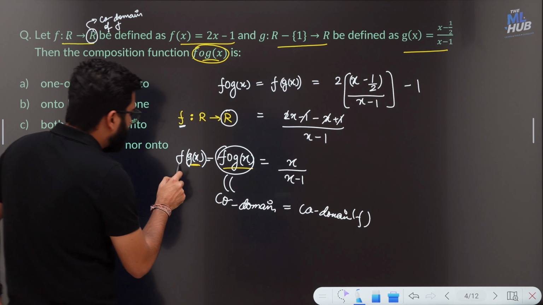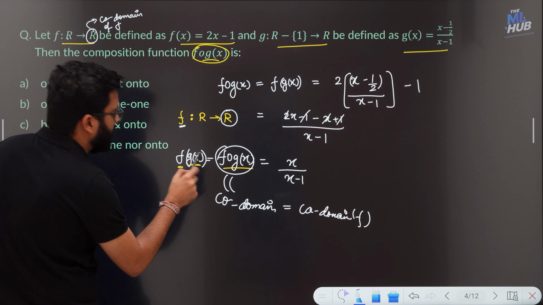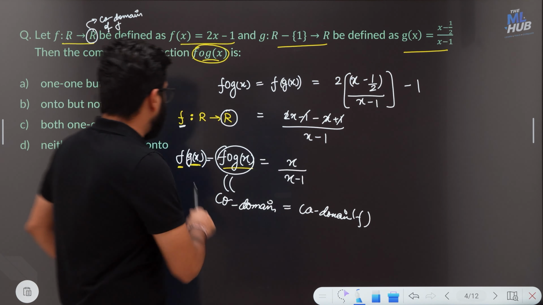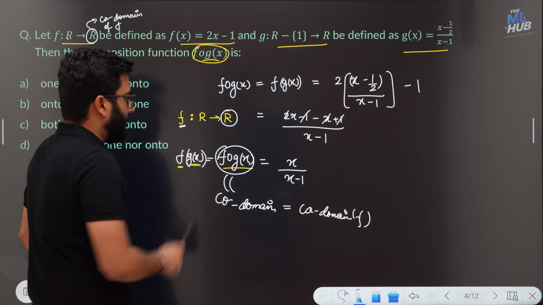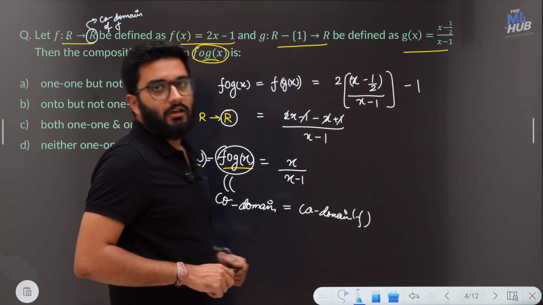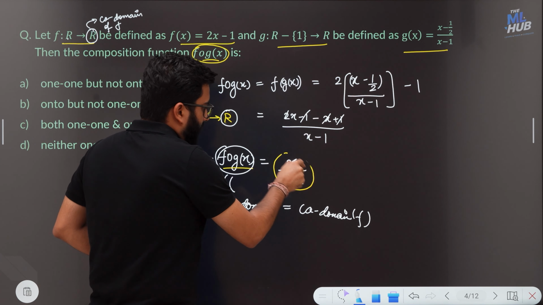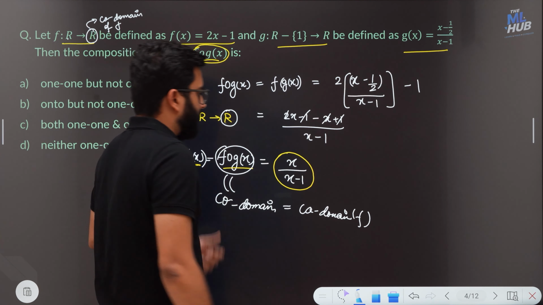Why? Because the outer function is f of anything from R to R. So the codomain of f of g will be equal to the codomain of f. This you need to keep in mind. Now if we closely see this function x divided by x minus 1, what will be the domain?